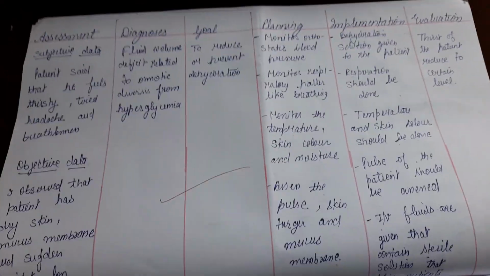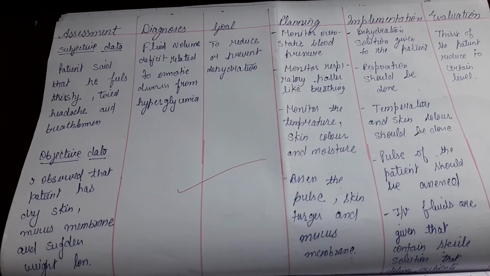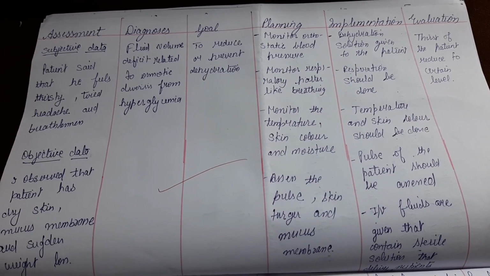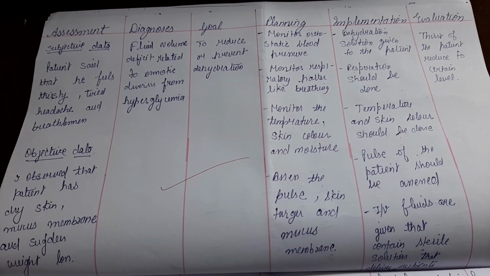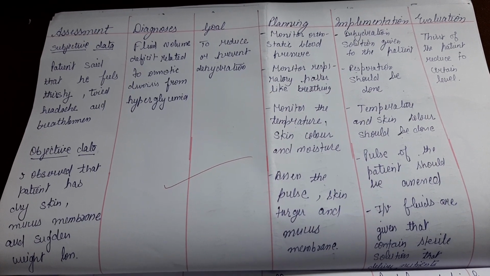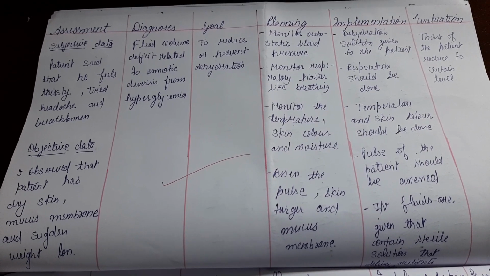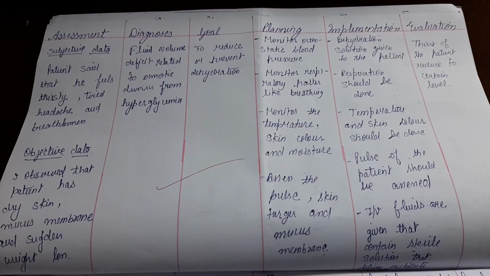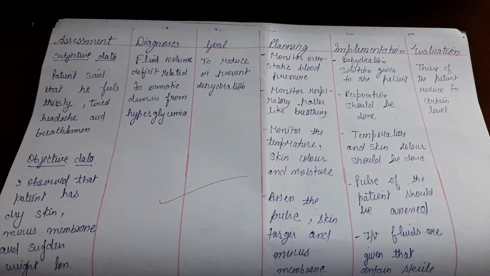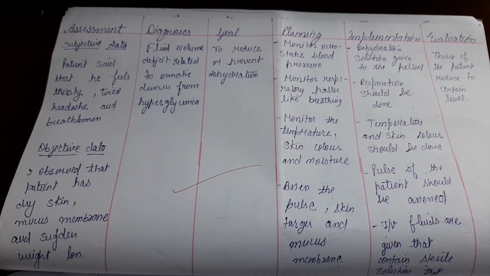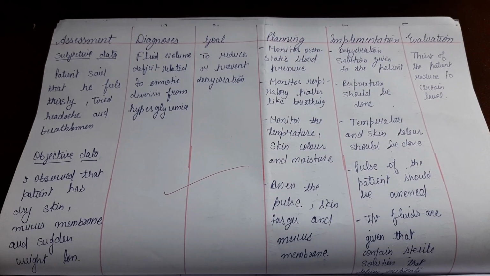So the main thing is our nursing care plan, NCP. Here we make a diagnosis of fluid volume deficit related to the osmotic diuresis. Fluid deficiency is, as I already told you, due to the loss of fluid through more frequent urination.